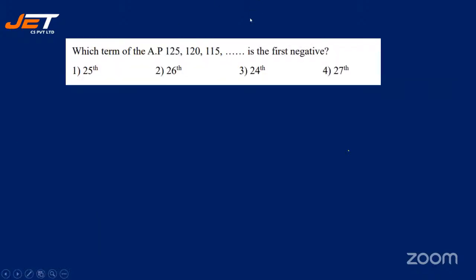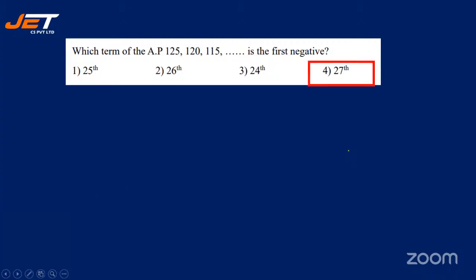Yes. Right. Now see here. Which term of the AP 125, 120, 115 is the first negative? Okay.